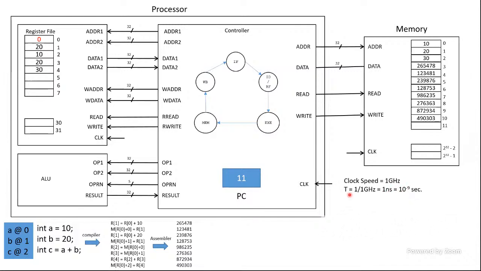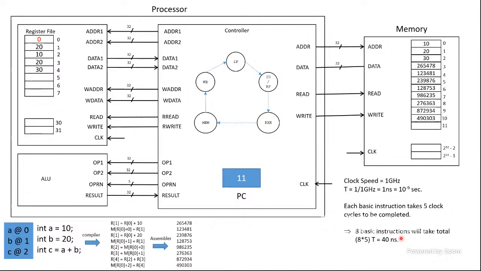And remember this clock period, clock cycle we talked of? It means each basic instruction takes 5 clock cycles to be completed, which means 8 basic instructions will take a total of about 8 into 5.